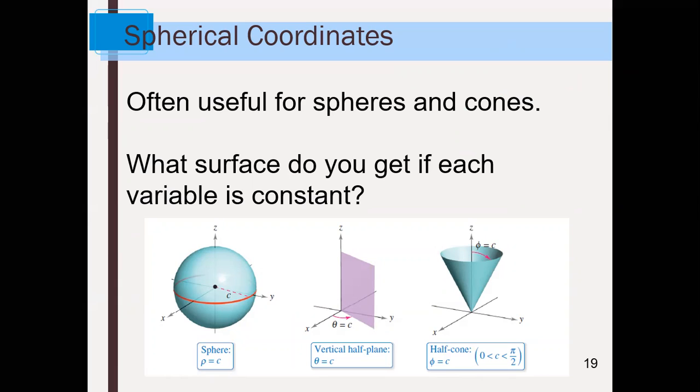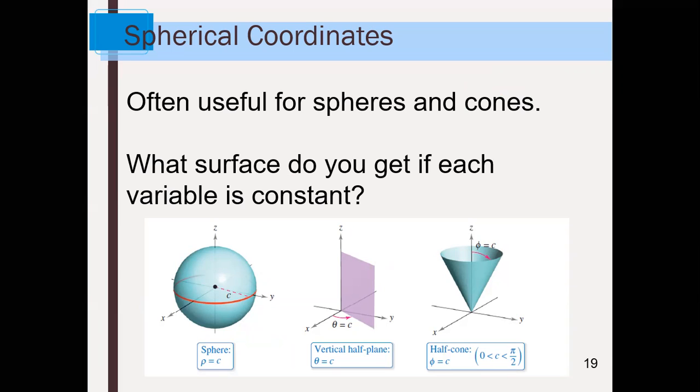Oops, I accidentally gave away the form on the other two. We already dealt with theta equaling a constant. We did that last time, remember? That just gives us vertical planes through the z-axis, all those planes slicing through the z-axis. So theta equal to a constant gives you a vertical half plane through the z-axis. What about phi equal to a constant?